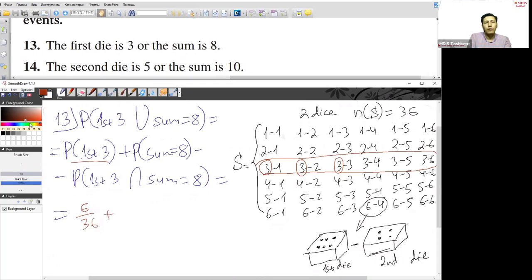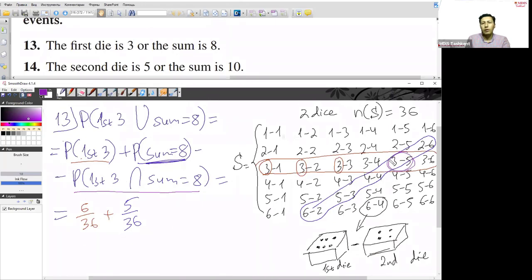Then we have sum equal 8. Which one? Sum is 8. 6, 2, 5, 3, 4, 4, 3, 5, and 2, 6. How many? 5. 5 out of 36. Then we have the last one here. At the same time, first die must be 3 and sum must be 8.